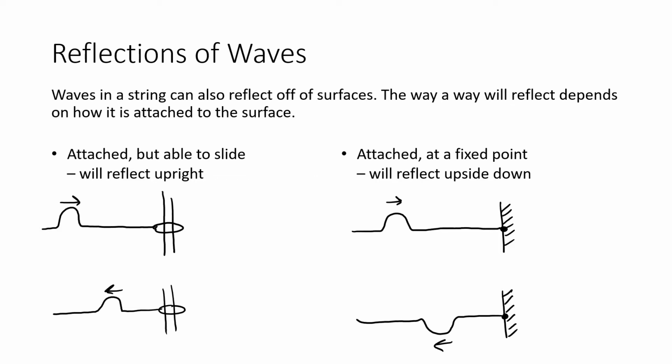There's the wall. Let's see if I can do that. I have something similar to a string that is attached to a fixed point over there, and I'm going to try to make a wave that is upright. Ready? 3, 2, 1.